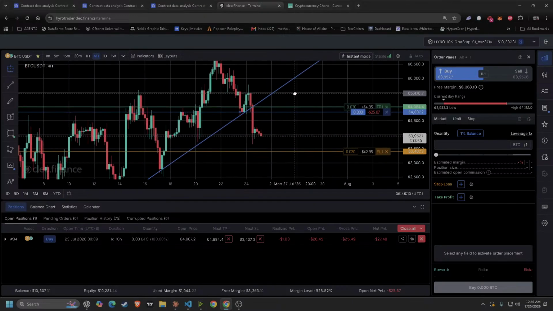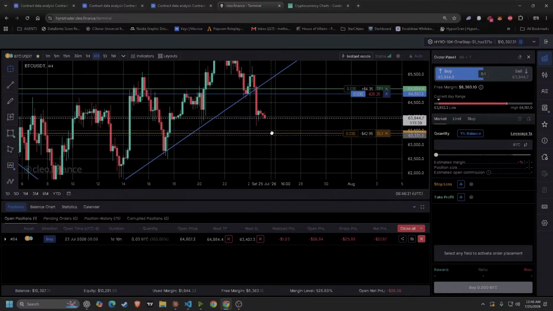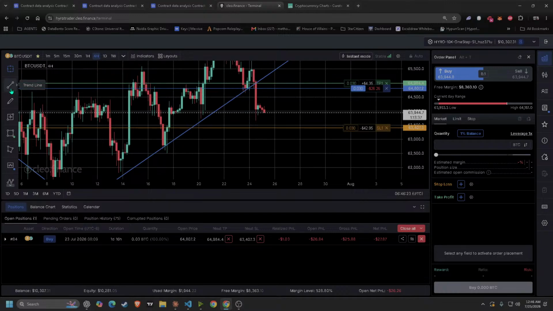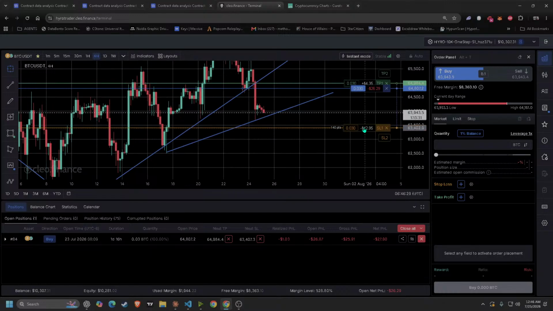The 4 hour. I'm hoping we get back before we hit my stop here. I don't want to take this $42 hit. So we have this. Hopefully we're protected here.